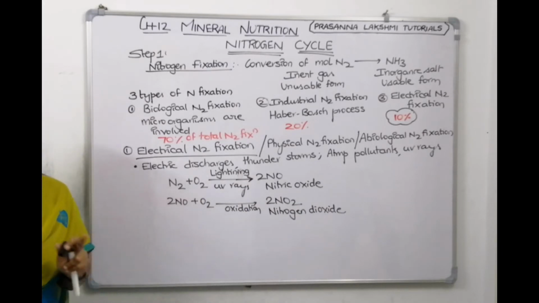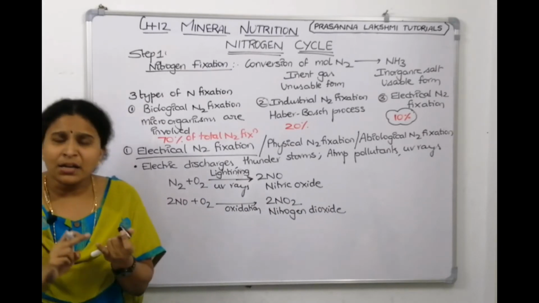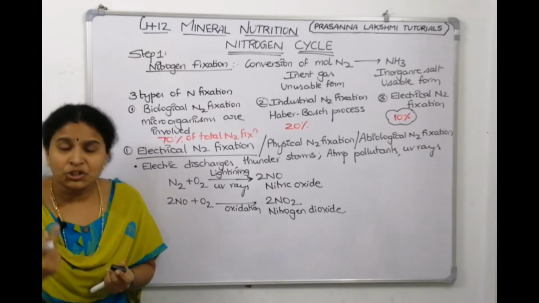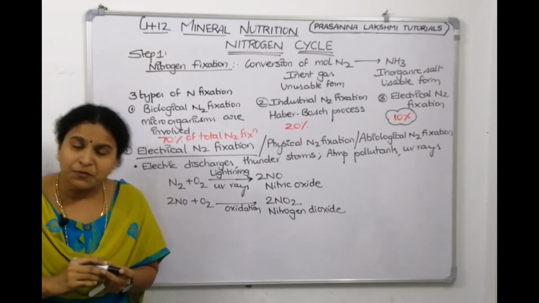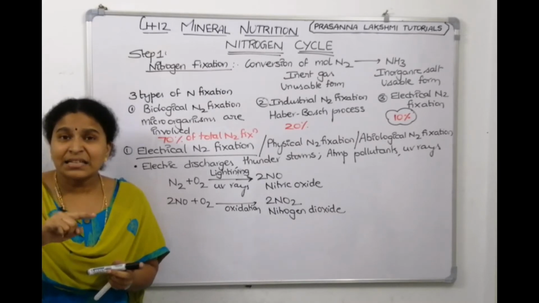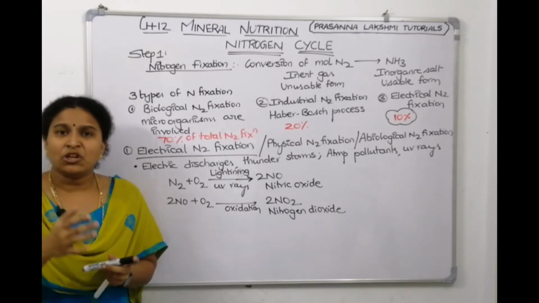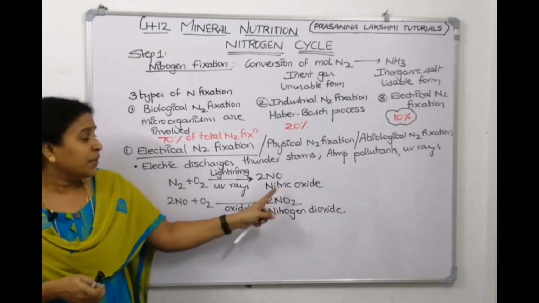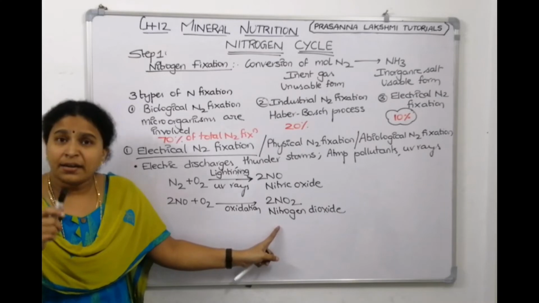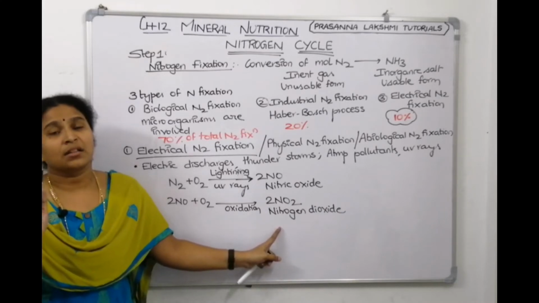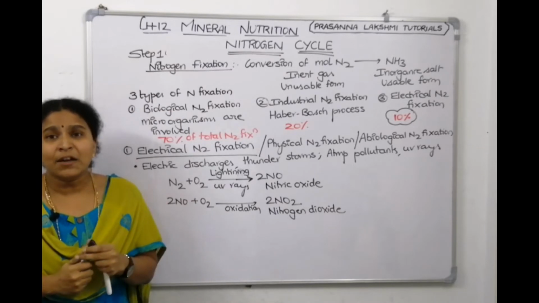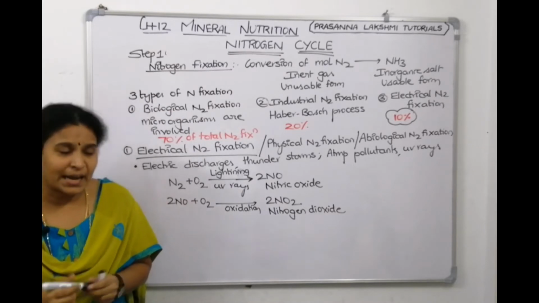It becomes nitrogen dioxide. So nitric oxide and nitrogen dioxide, they combine with the moisture present in the atmosphere to become nitrous acid and nitric acid, HNO2 and HNO3. Understood, children? This is nitric oxide. This is nitrogen dioxide. They form nitrous acid and nitric acid.